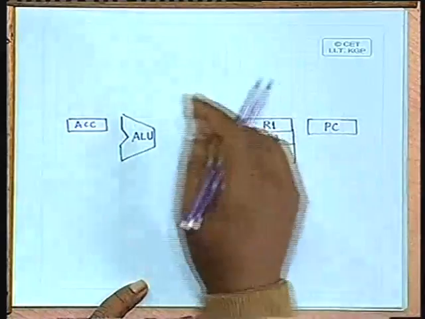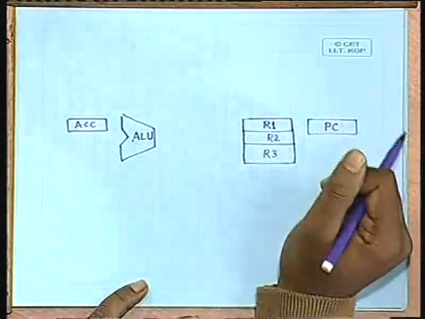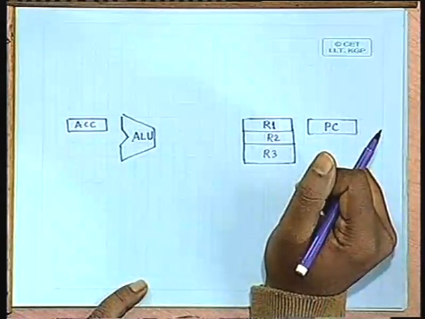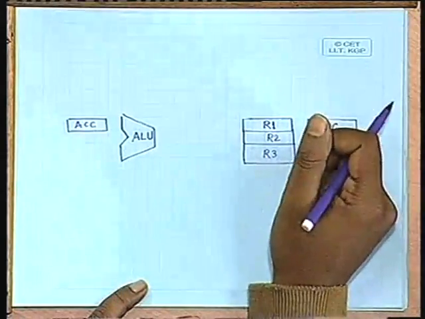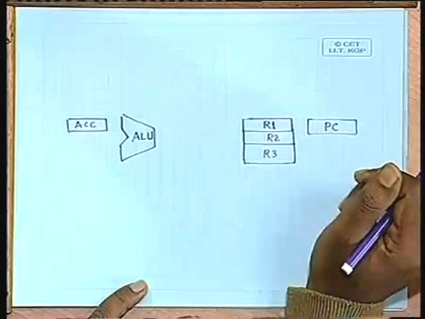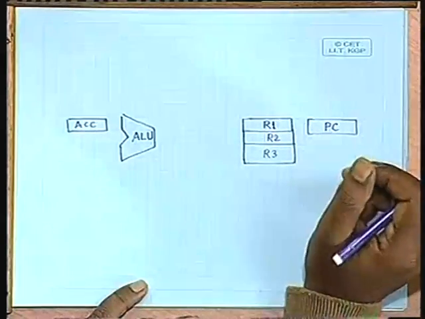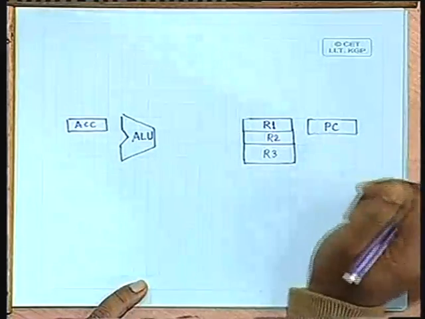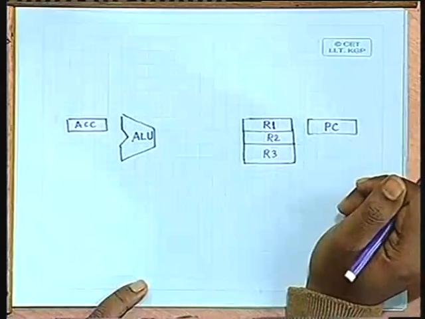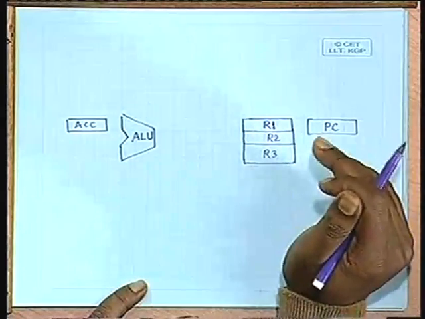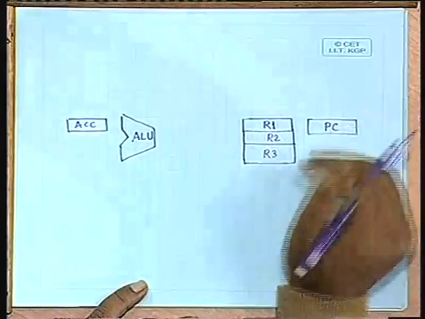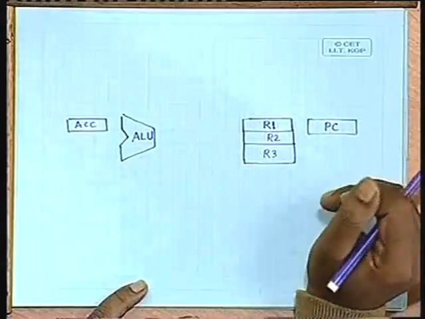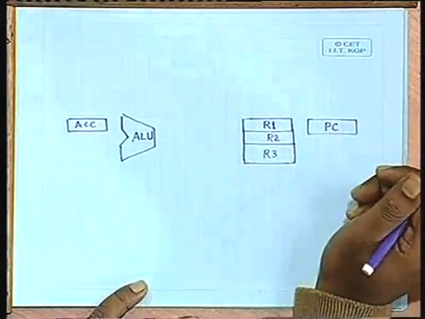Say for example, when you execute a program and if you write a structured program, in that case you may find that for execution of a particular task you have to call a function. So, that function can be written as a module of software, and when you call any particular function, all the previous intermediate results that were generated, you have to save somewhere.